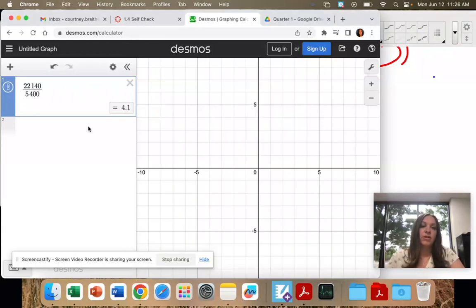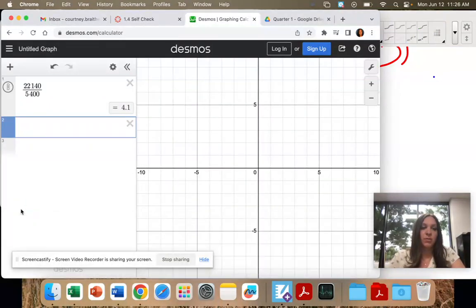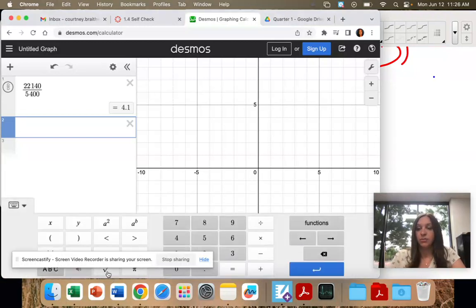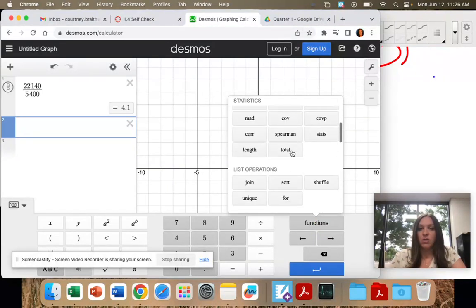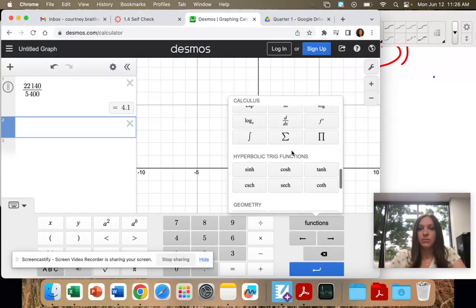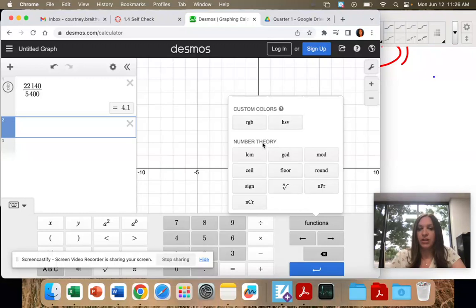So if you come over here to Desmos and you open up your keyboard, you're not going to see 18th root. You're going to see square root. So if you go to functions and go all the way down to the bottom under number theory, there's the root.